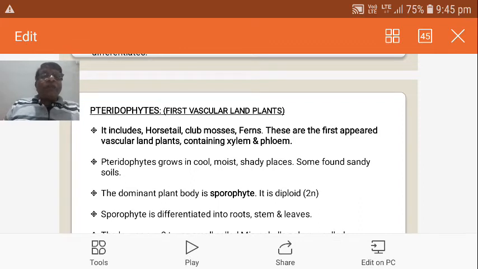Then another vascular tissue, namely the phloem, conducts food from leaves to the different parts of the plant body. These two together are called vascular tissues.